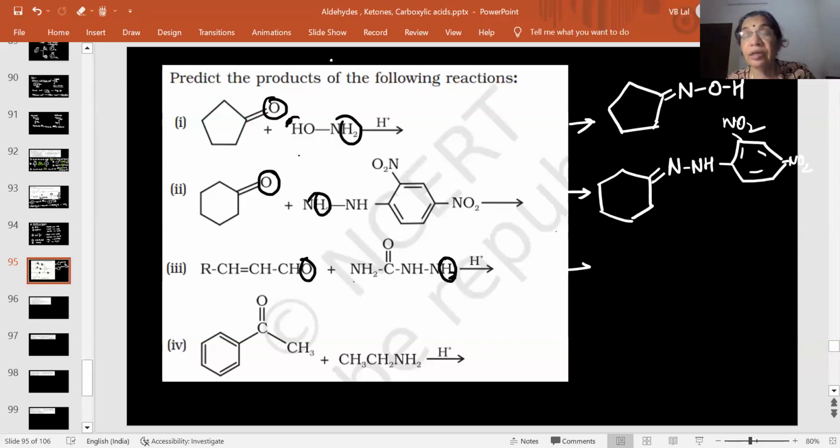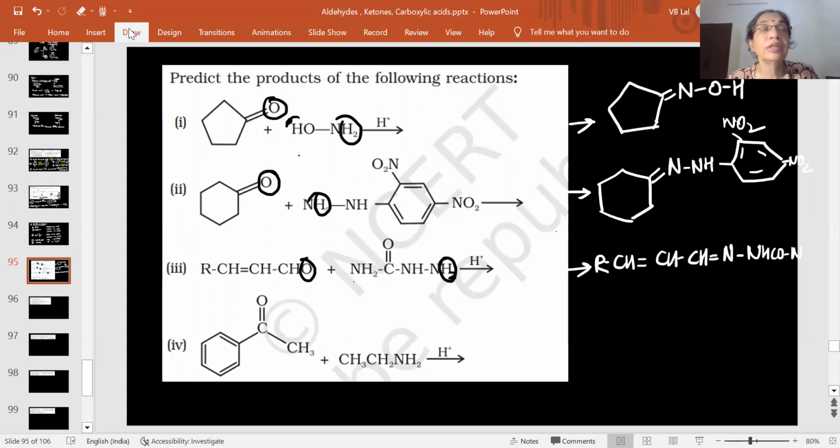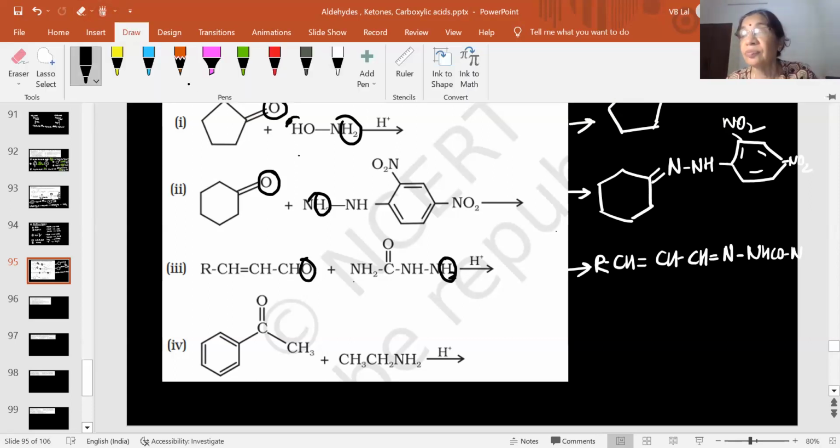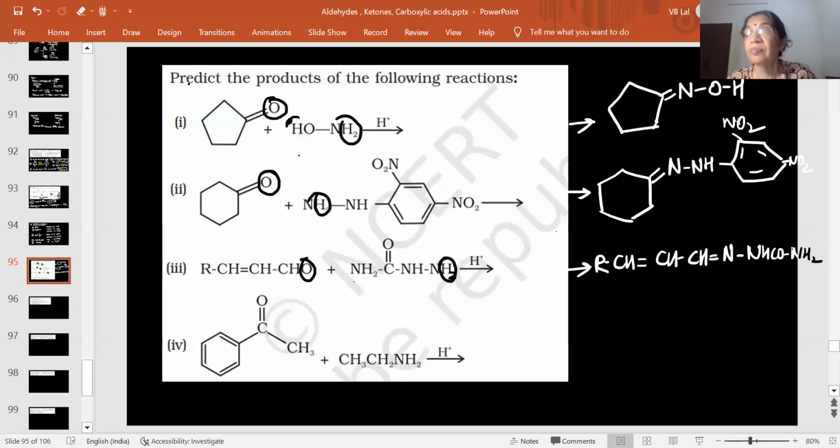The product here will be R, CH double bond CH, single bond CH, then double bond N, and then NHCONH2. Okay, so that is what you will get.